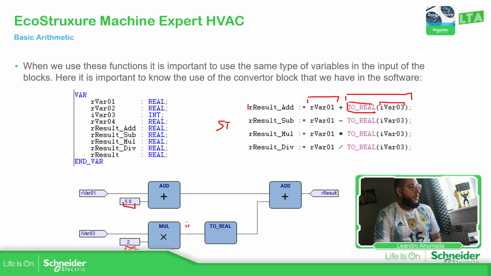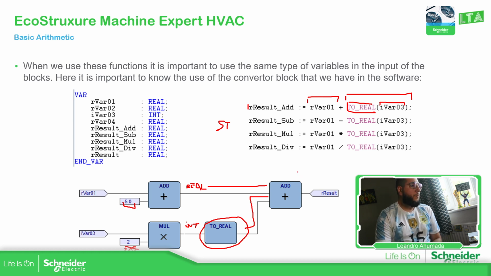Here you can see that I get the value int, and here is a real. As I'm going to use add here, all data types must be the same, and that's why here I'm using a converter to get a real value.